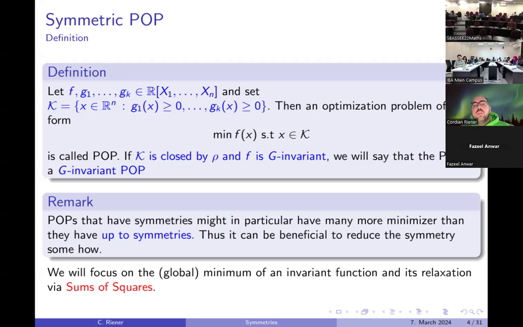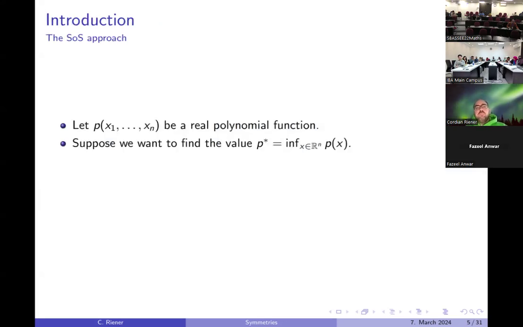I will focus on so-called sums of squares relaxations of polynomial optimization problems. To tell you a little bit what this is, let me start. Suppose, and for the lecture I will only care about the simple case where K is just the entire space, to make things a little easier. But everything can, of course, be generalized to this setup.